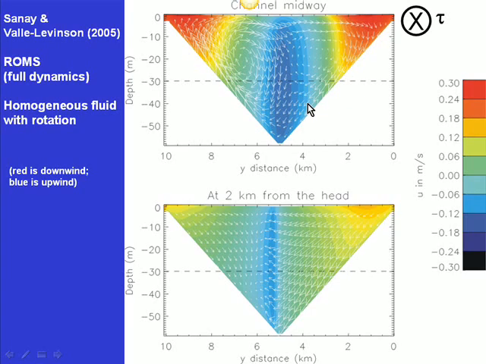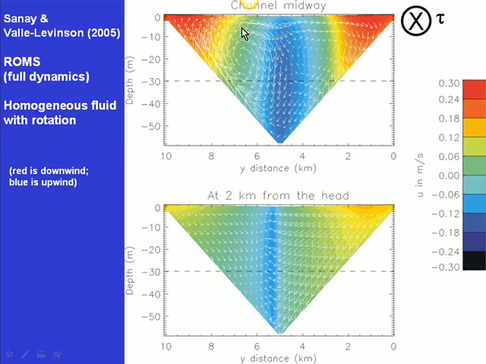And also because of nonlinear effects, you have smaller scale gyres. So you have the basin-wide clockwise gyre, and then two smaller clockwise gyres too. So those are the effects of rotation.